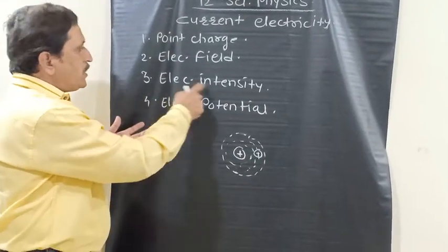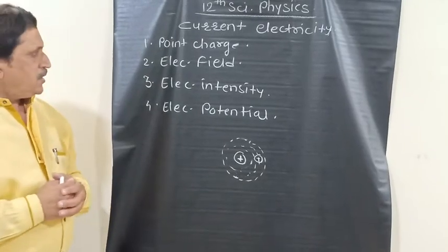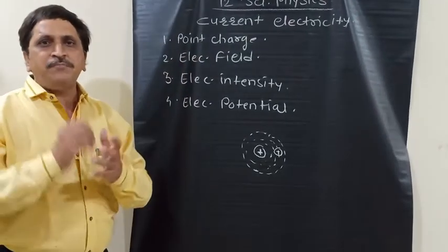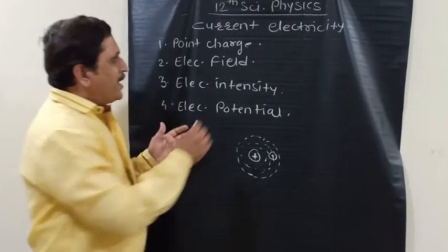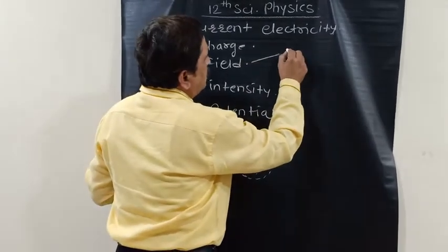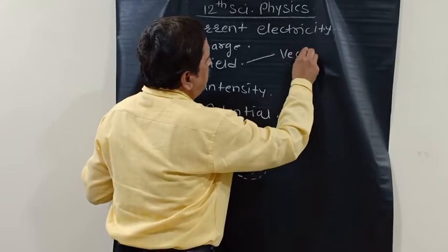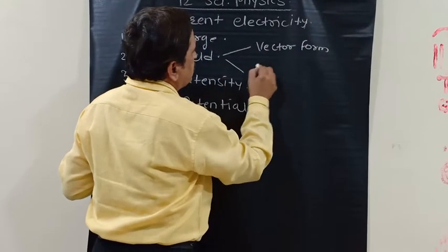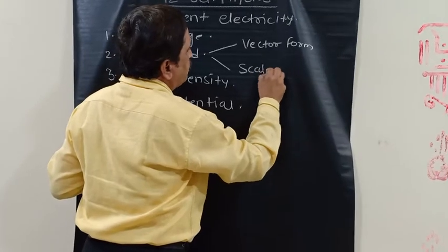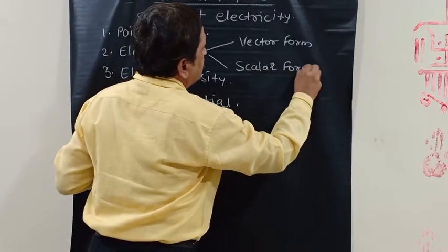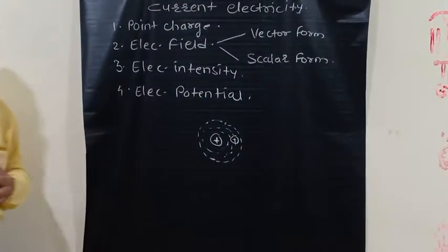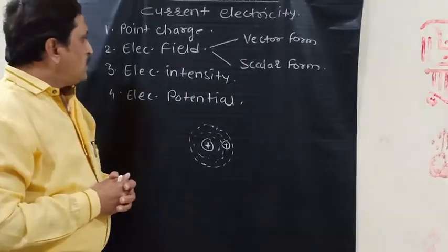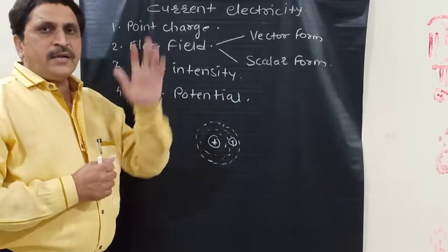Then the third one, electric intensity. Now for that we should know that electric field can be expressed in two forms. One is known as vector form and the second one is known as scalar form. Now what does it mean? When we are expressing electric field in vector form, that means we are talking about the electric intensity.